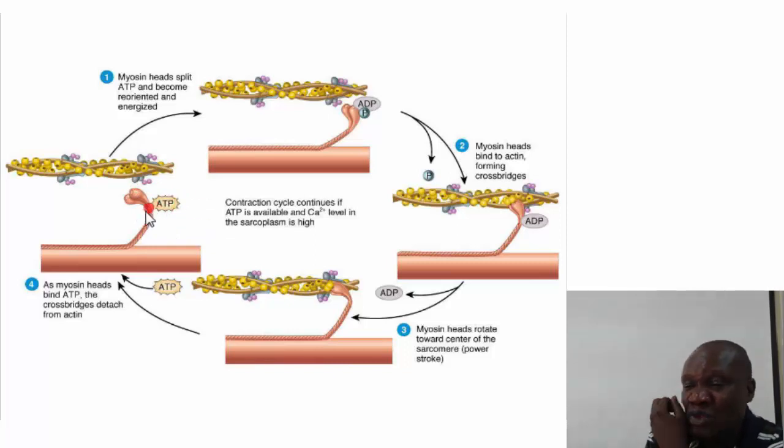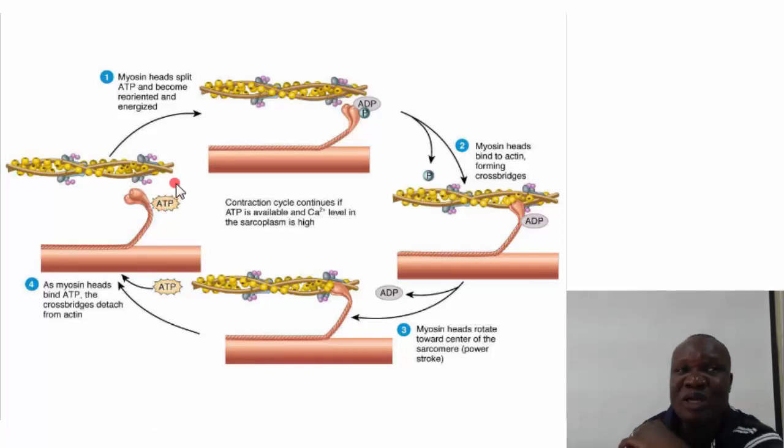ATP binds to the myosin head, to be specific, to the ATP site, which is an enzyme. This site hydrolyzes the ATP into ADP and inorganic phosphate.